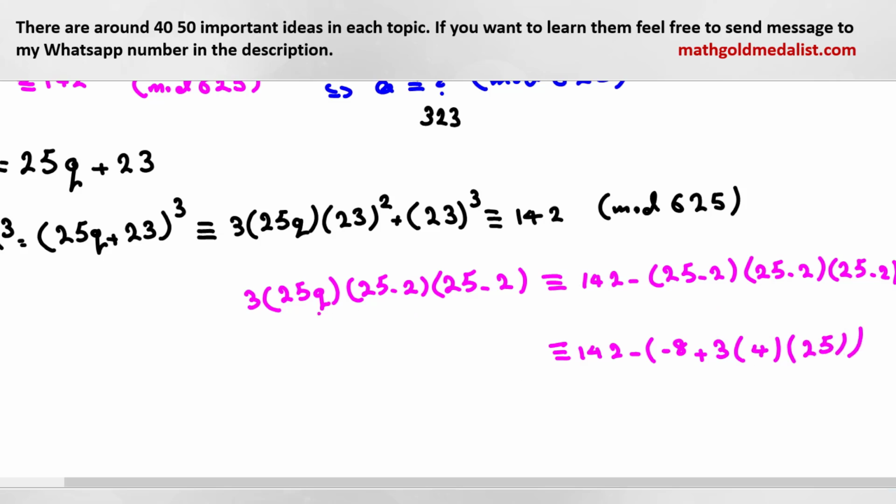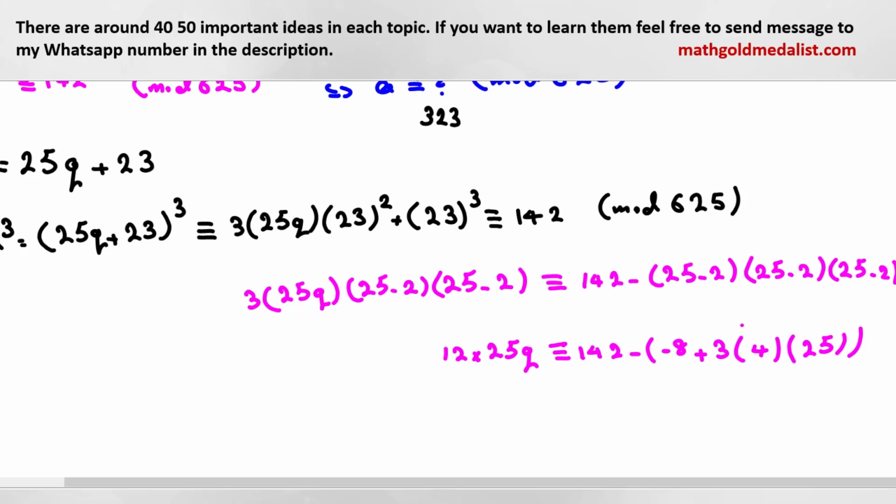Here again, if we use 25 twice, it will be 0. So again, because we have 125 here, we have to use this. So we should select -2, -2, right? It's 4. 4 times 3 is 12, 12 times 25 cubed, right?